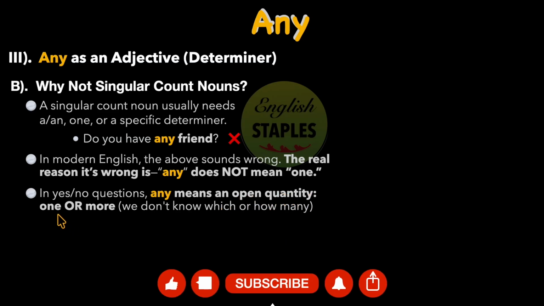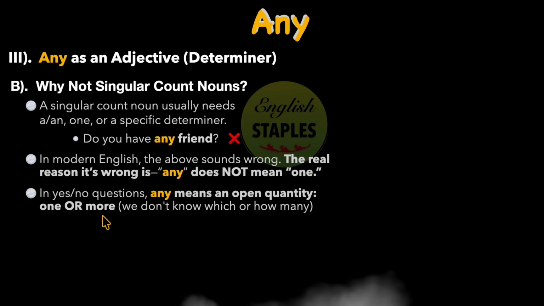In other words, one or more. It could be one, two, 10, or 100. We don't know which or how many in yes no questions. Do you have any friend? We don't know how many. So we have to say, do you have any friends? Because we don't know what any is.